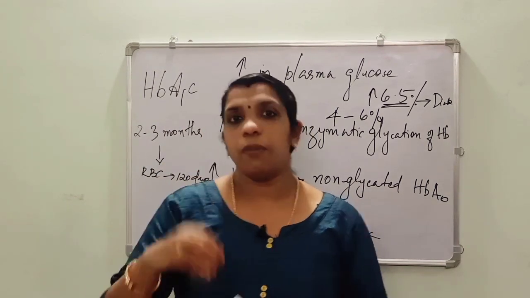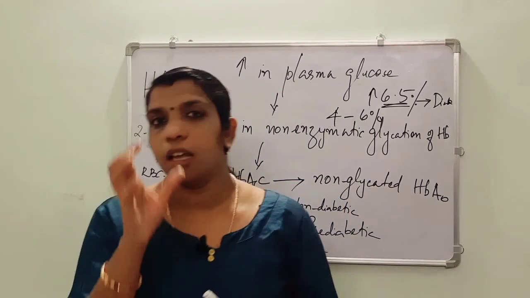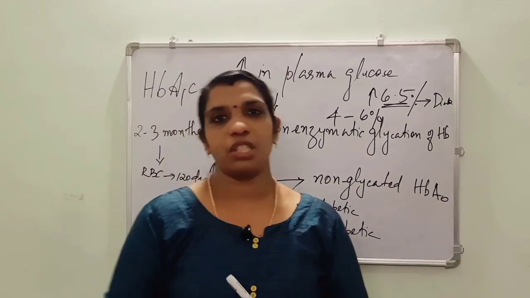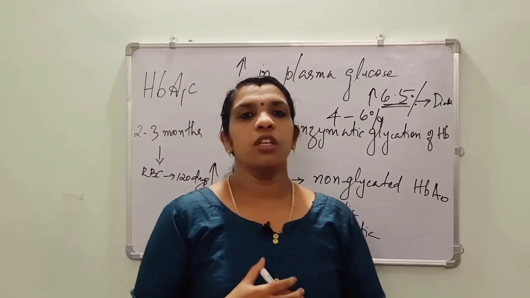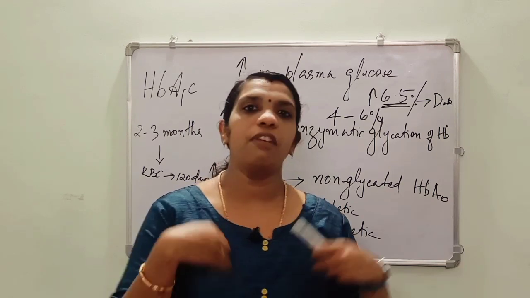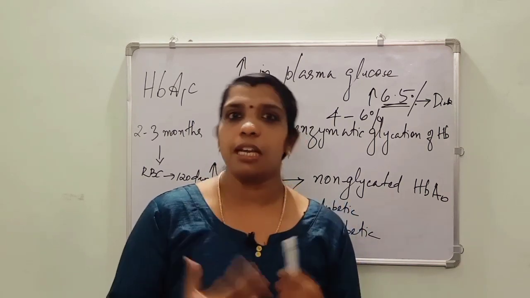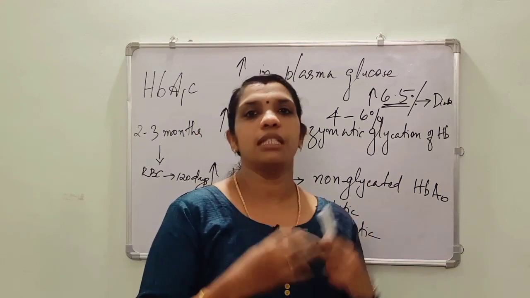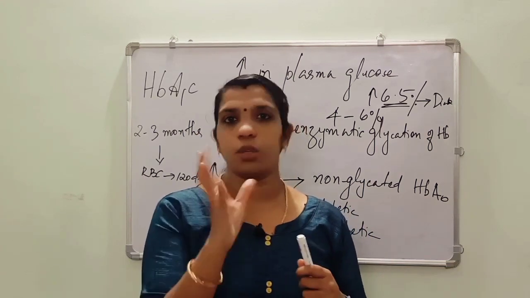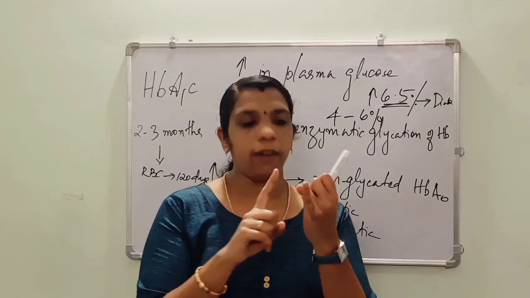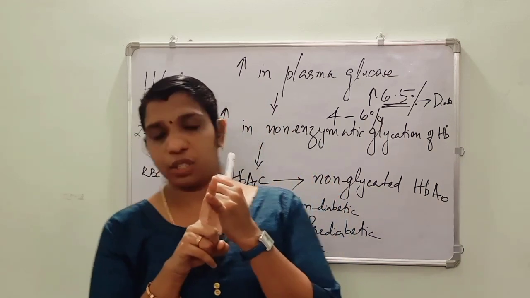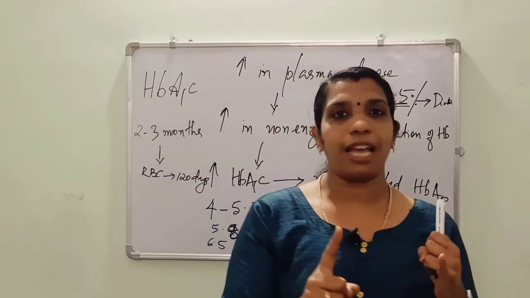Next, where will there be misinterpretation of HbA1c? The patient is diabetic and we are checking HbA1c, but the HbA1c is normal and we misinterpret it as the patient being non-diabetic. So what are those conditions? First, increased destruction of RBCs, that is hemolytic anemia.